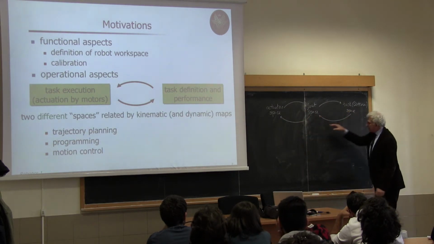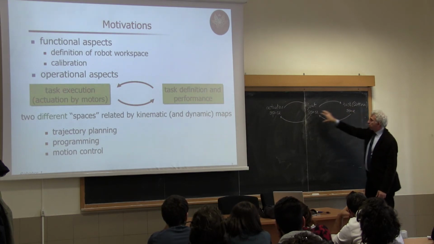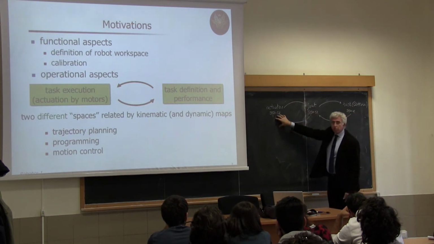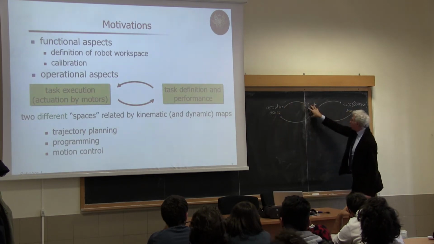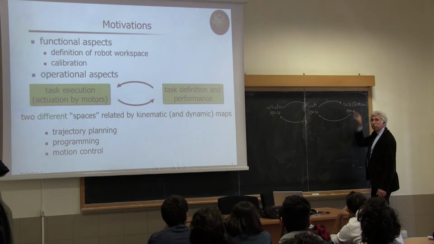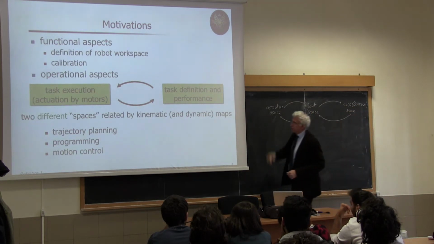So you see that even in this more complex case, you define a task here, you want to move in the joint space. In order to do this, you move the motors properly. When you move the motors, the joints will move, and the end effector will move, and then you check the performance. Okay? So it's a generalization of this.